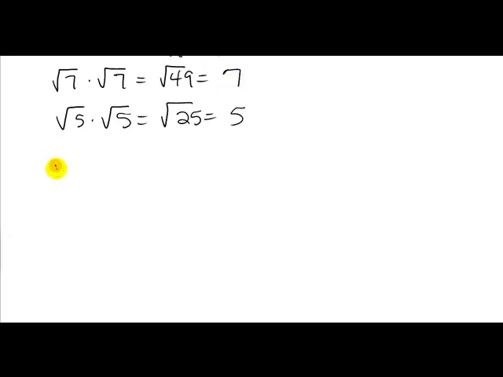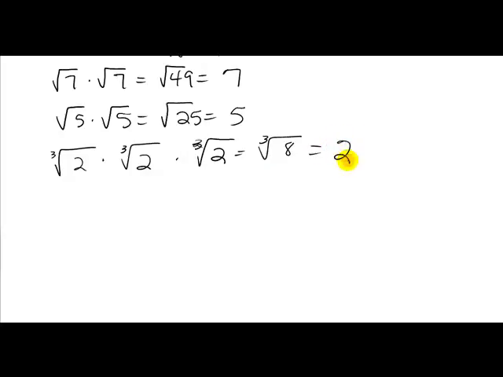If it's the cube root, I would have to do it 3 times. So this is going to give me, that's a 3, and this is a 2. This would give me the cube root of 8, which equals 2. So you want to keep all of these things in mind as we multiply. It'll help your work go a little bit faster.